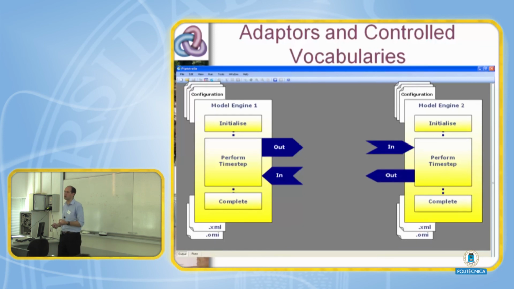And what we are asking when we make models OpenMI compliant is for those three to be isolated through external functions so that Pipistrel or any other OpenMI graphical user interface can run those three for the models. Also, when we create an OpenMI component, we have a couple of files that accompany it. So there's a .xml file, .omi file.